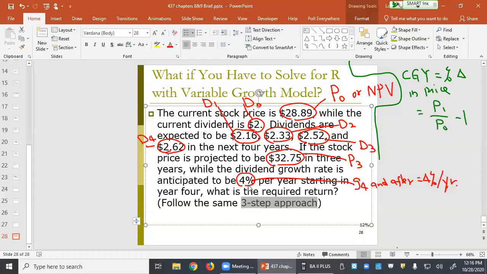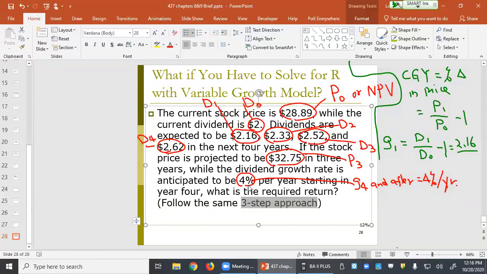Now if you want to calculate the percentage change in dividends, for example G1, the dividend growth rate in year 1, rather than using price, you have to use dividend. So D1 divided by D0 minus 1. Specifically, what is my D1? $2.16.